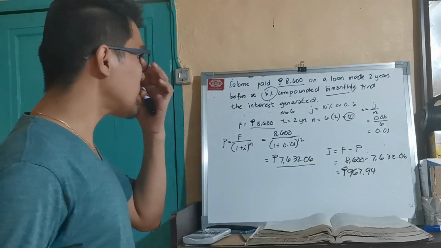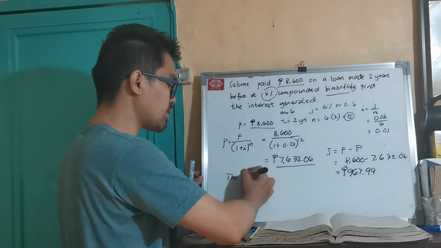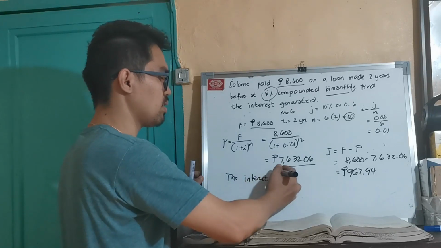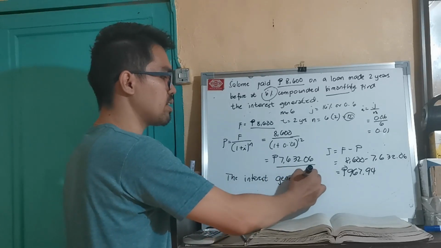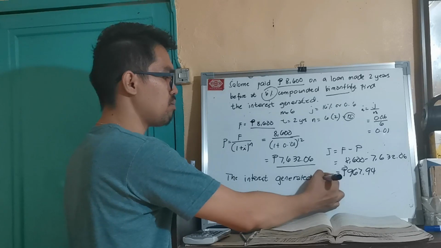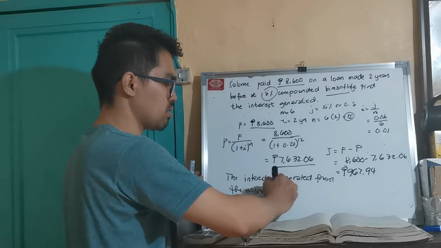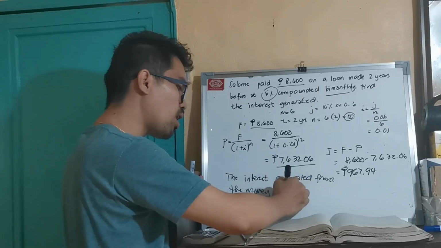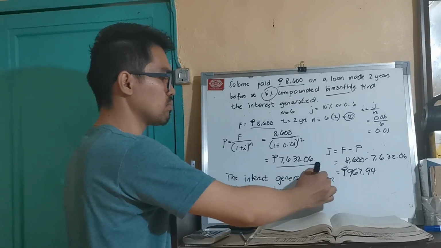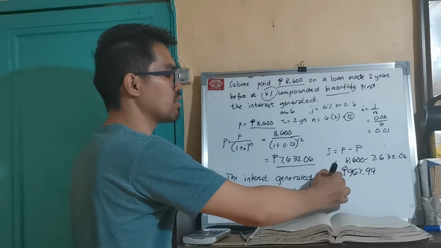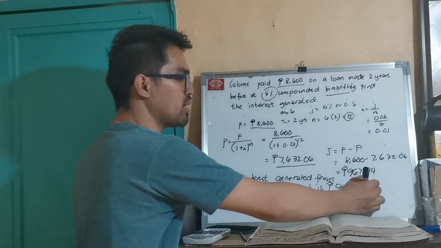So to answer this problem, to help Salome, therefore, the interest generated from the money borrowed is 967.94 pesos.